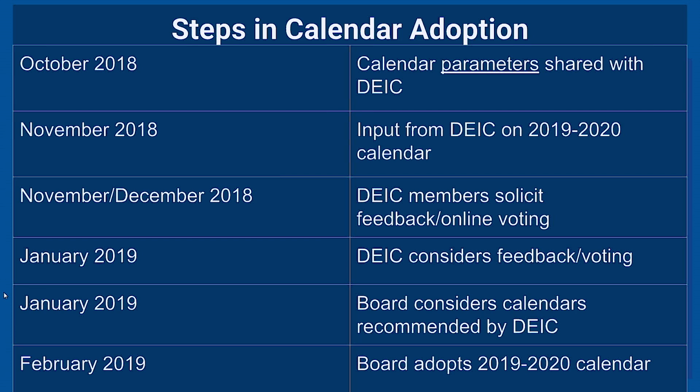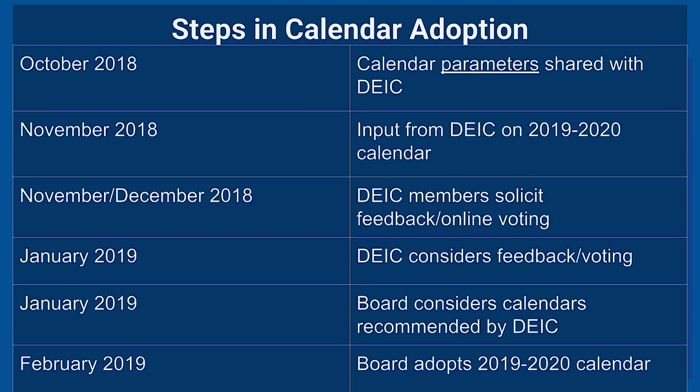This month, we would like to get input from DEIC on a couple of calendars that we've just kind of worked up. They may totally ditch those and create something on their own, or they may modify those. So we would anticipate having 2 calendars at least for the community to look at and give input on.